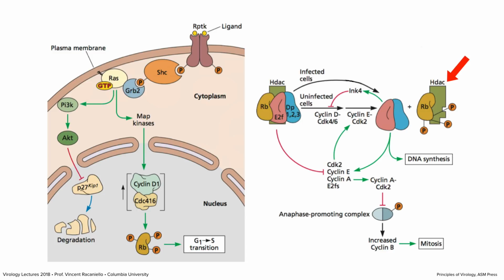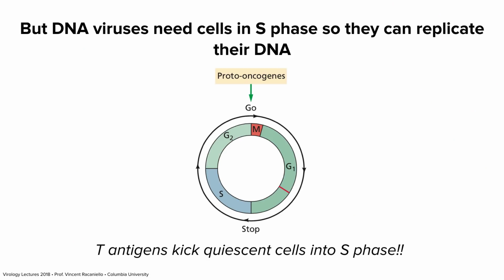E2F can now bind to promoters that turn on genes involved in DNA synthesis and mitosis. So that's how RB is a checkpoint regulator, because if it is unphosphorylated, it will bind up E2F and prevent the synthesis of the genes that are needed for mitosis. So that couples together the mitogenic pathway and the checkpoint regulation all together there.